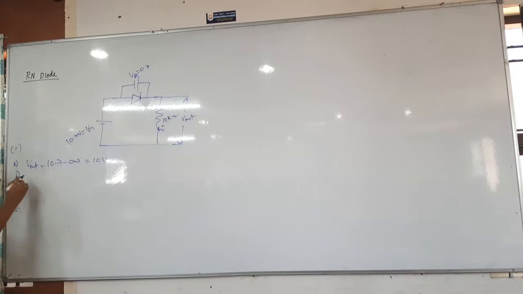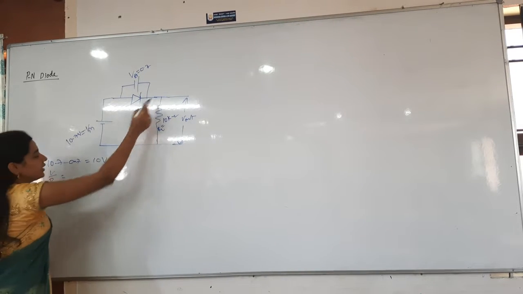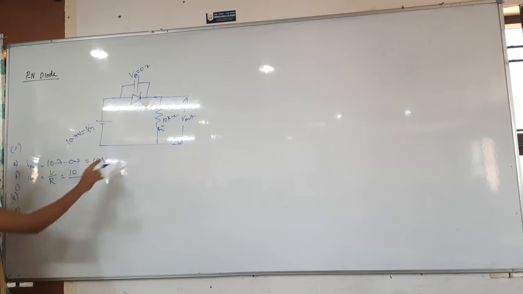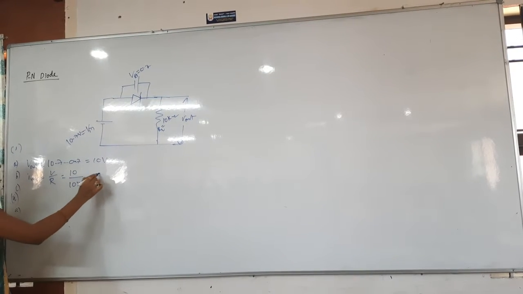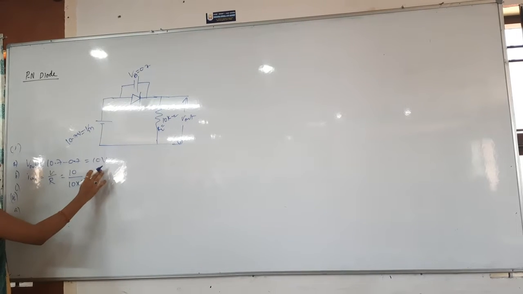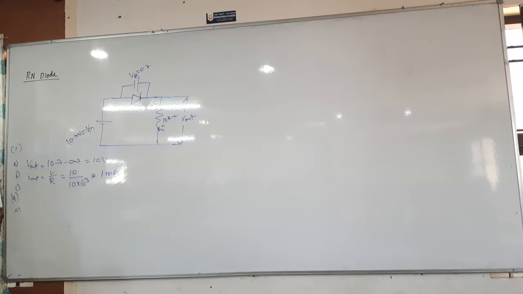So I is equal to V by R. Voltage we are getting is 10, divided by resistance 10 kilo ohms. Then you will get 1 milliampere. That is the output current.